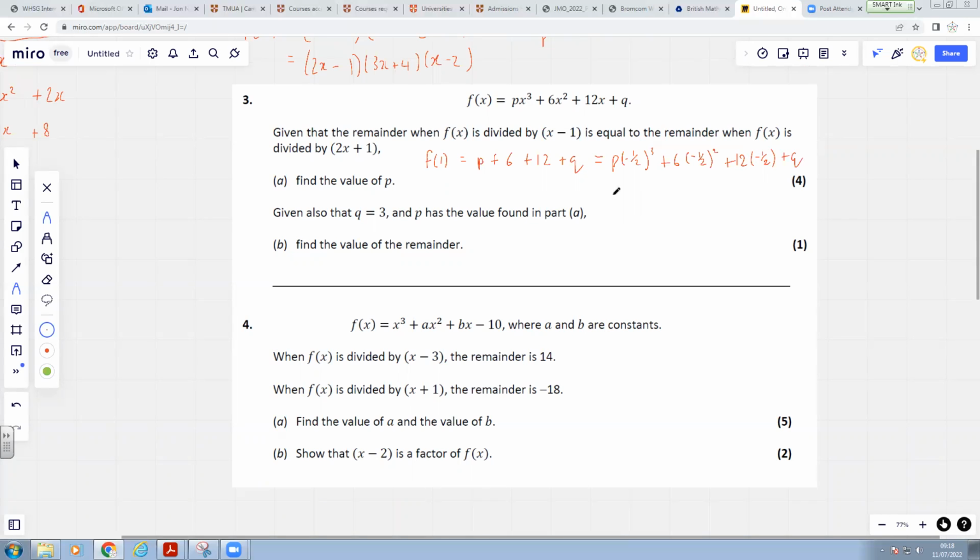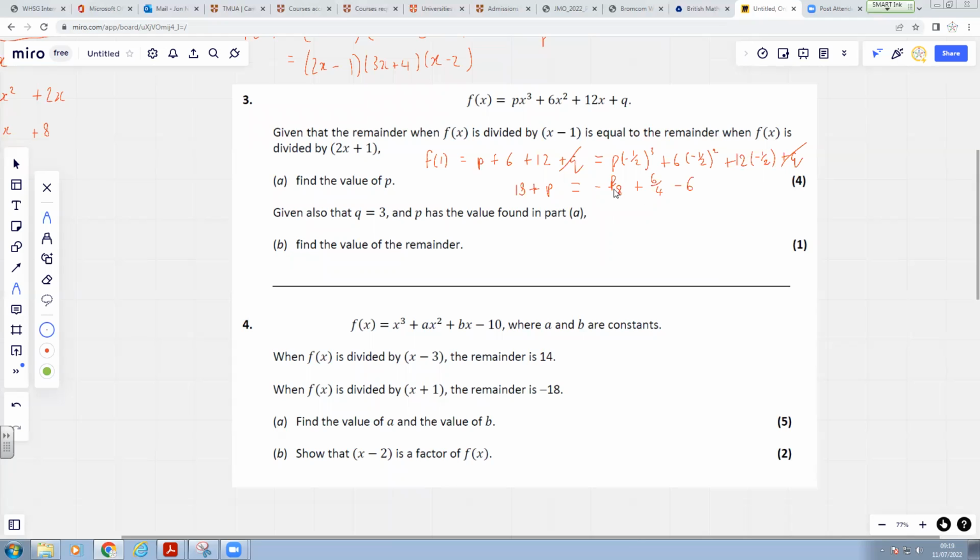Now my initial thoughts here are the q's cancel, which explains why it only asks us to find p first, because that's all we can find from that information. And what we're going to end up with is 18 plus p equals, now this is going to be minus p over 8 plus 6 over 4 minus 6, and there we go, we've got it.